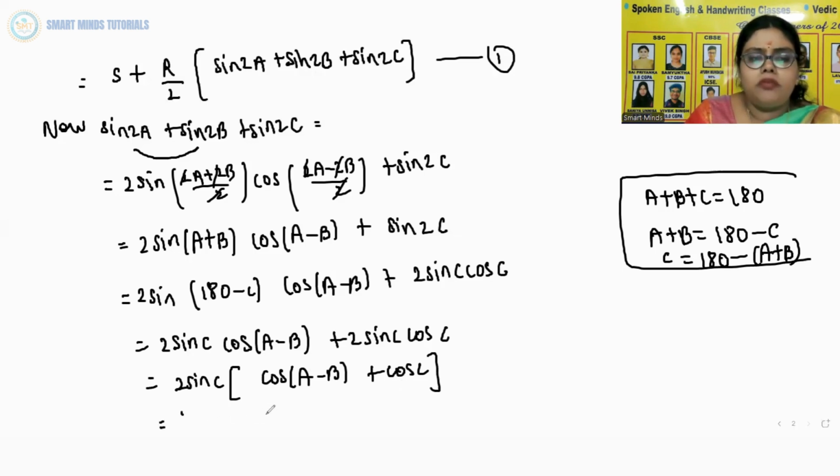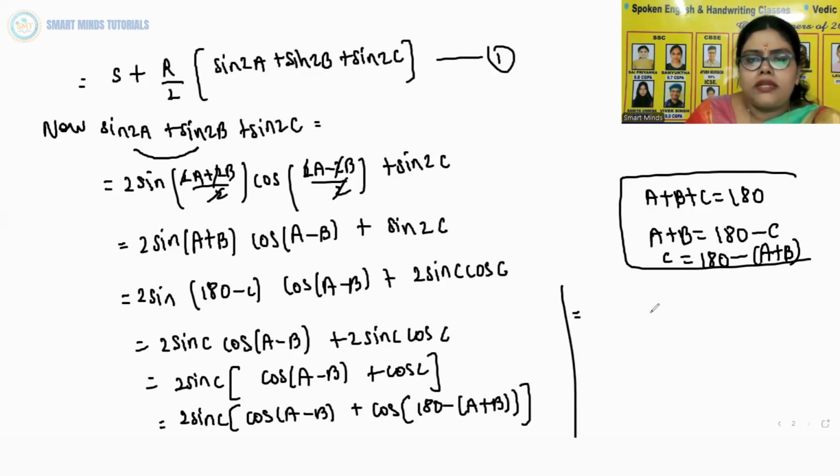So the same way I am doing here, 2 sin C into cos (A minus B) plus cos (180 minus (A plus B)). Now we know that cos (180 minus theta) is minus cos theta. So this will become minus cos (A plus B).